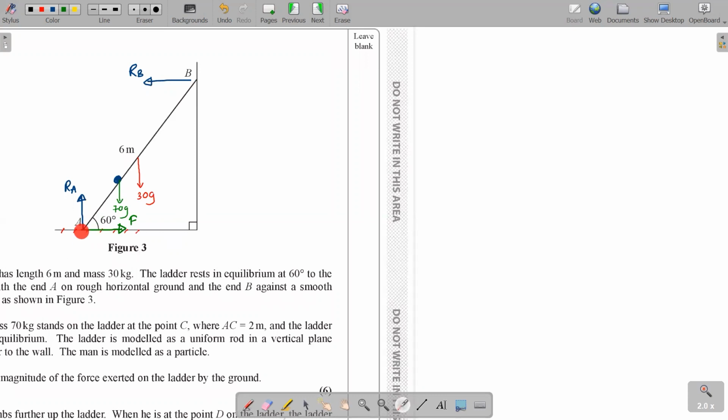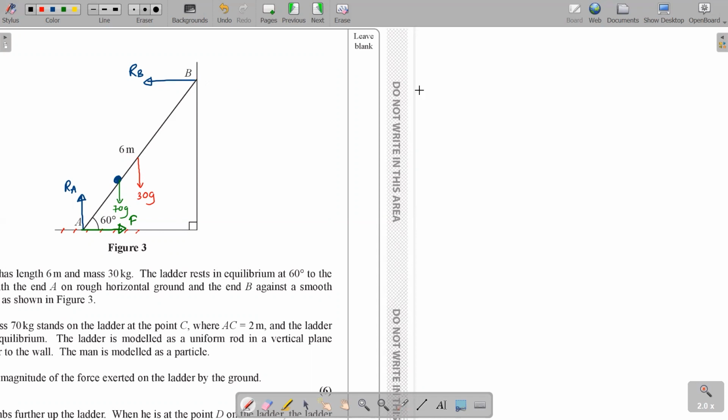So it's best that we take moments around A. When you take moments around A, both of these forces will not be considered because both of them pass through A. When a force passes through the point you're taking moments about, we don't consider it. Then I'll only have to work with 70G, 30G and the normal reaction B.